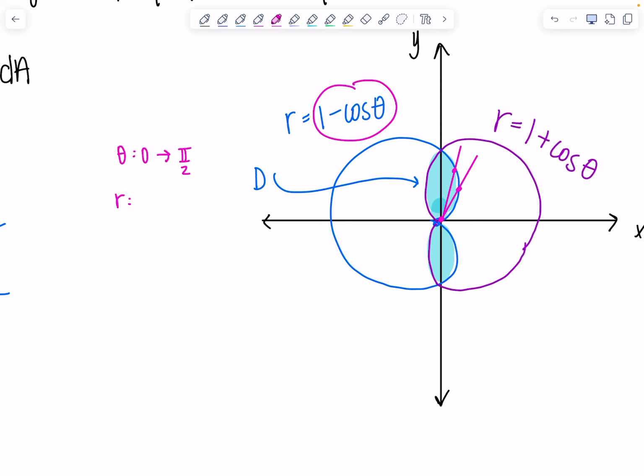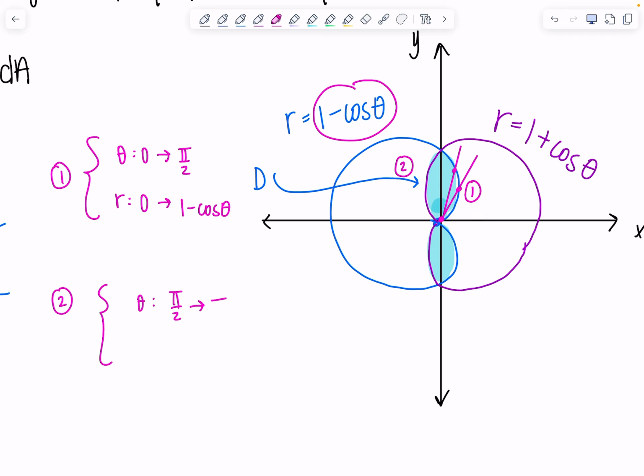R would go from 0 to, very good. That's for that first portion. Now the part in quadrant 2, okay, theta is going to go from, no, it'll start here. Yes, pi over 2 to pi. And then R is determined by, it starts at 0. So 1 plus cosine theta. Very good.